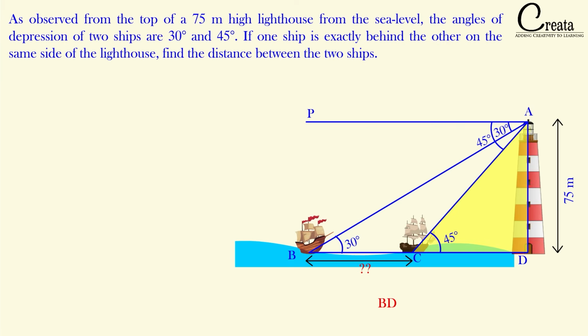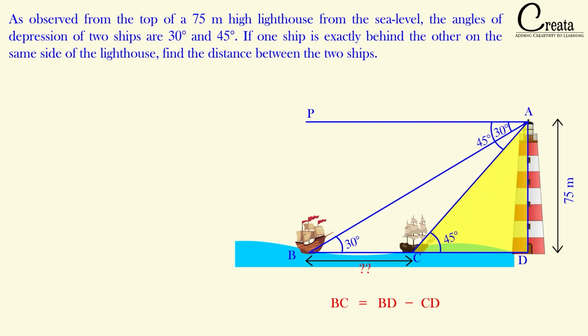Then we will take the triangle ACD and we will calculate the distance CD. And BD minus CD will be equal to BC. Got it? This is the approach that we will use to find the distance BC, or the distance between the two shapes. So let's take the triangles one by one.